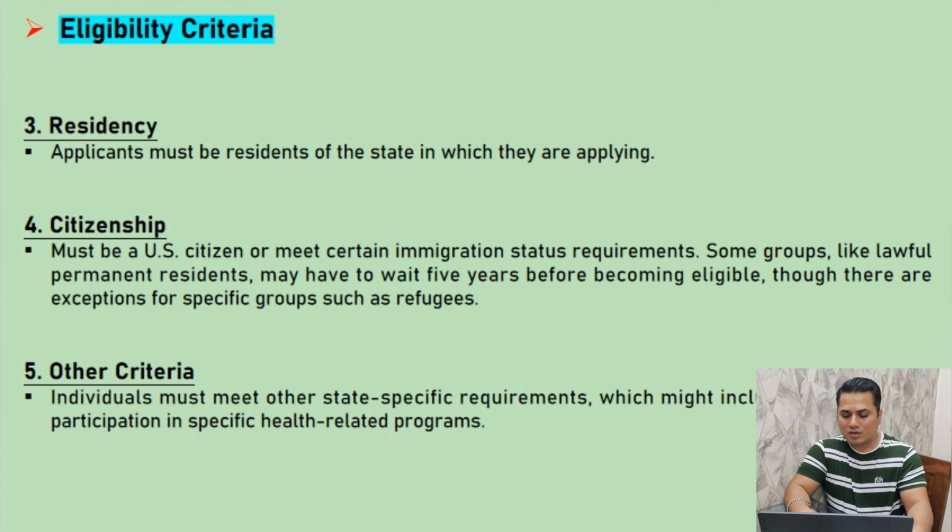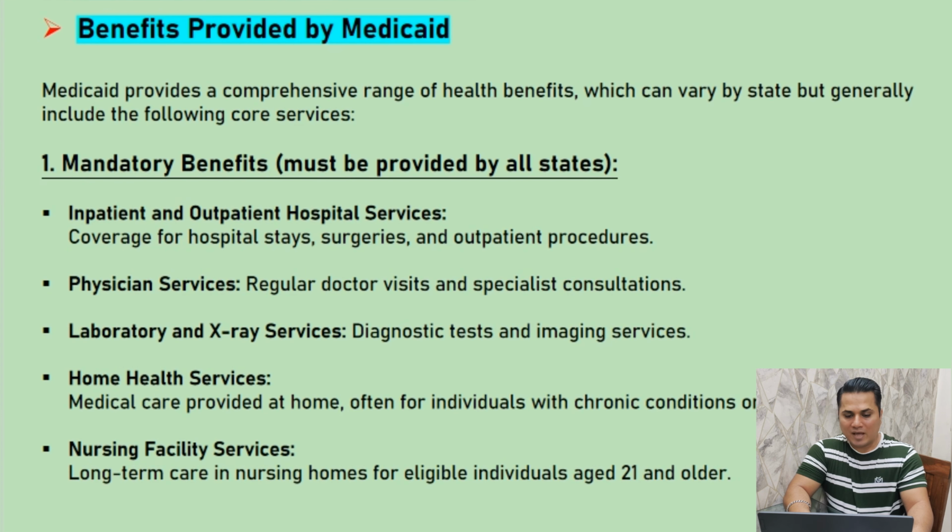Number five, other criteria. Individuals must meet other state-specific requirements, which might include asset limits or participation in specific health-related programs. Benefits provided by Medicaid.